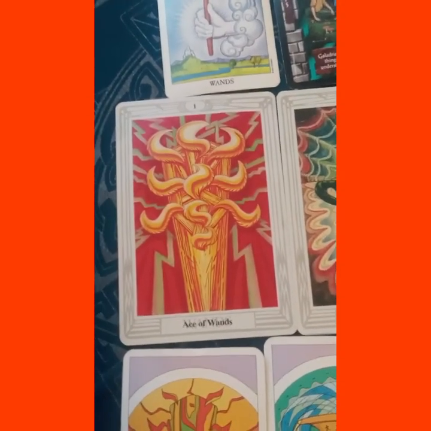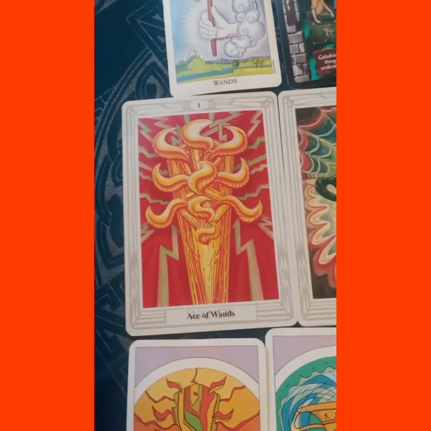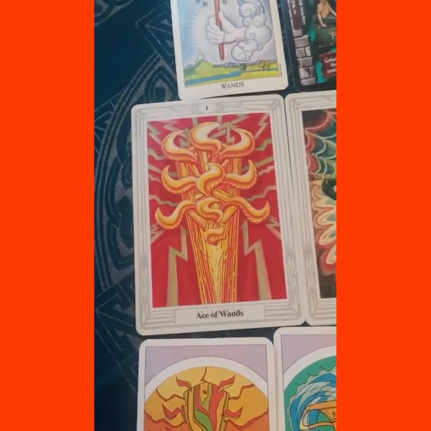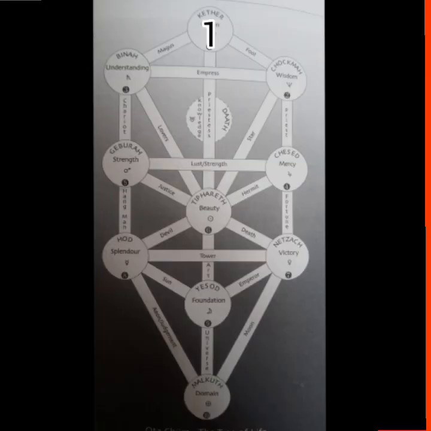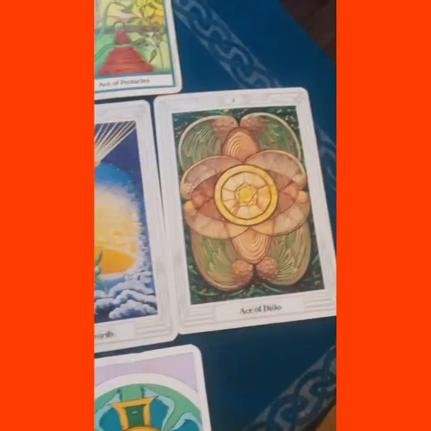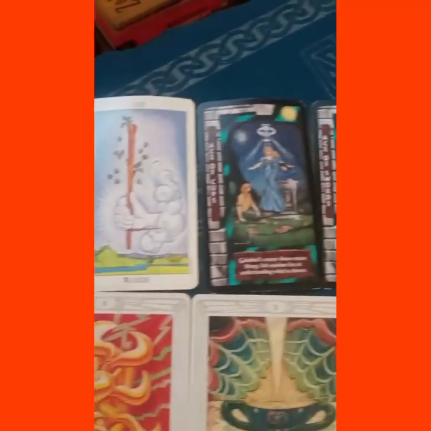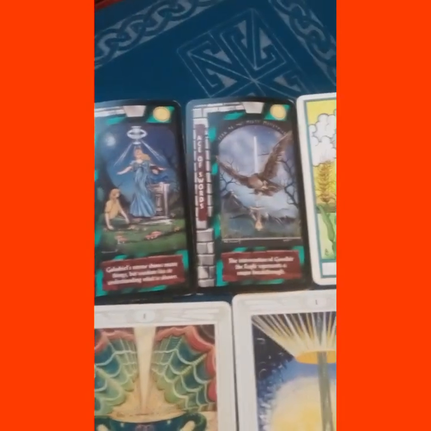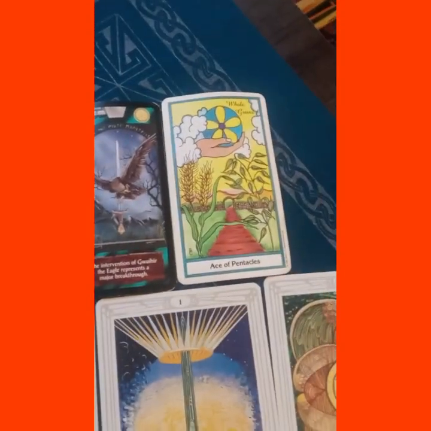The minor arcana correspond to the numbers on the Sephirot in the Tree of Life of the Kabbalah. So number 1 is Keter, the top of the tree. Keter means crown, so the crown chakra, the jata, the dreadlocks. It's the beginning of the journey.